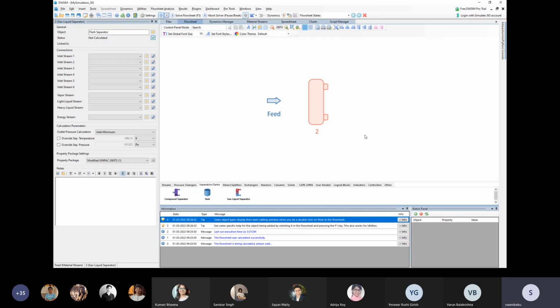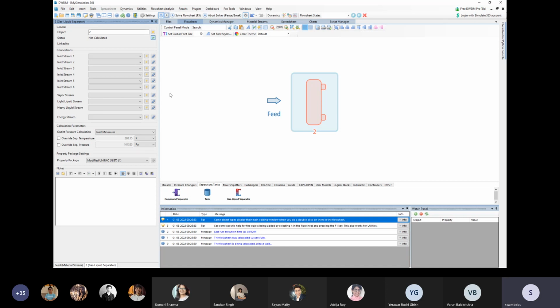This is the minimum requirement, and we need to supply some energy to this one. If I want to make it inactive, let's say in a big flow sheet I suddenly don't want to use the flash separator, I can make it inactive and make it active again just by clicking this symbol. Inactive means it doesn't participate in the calculations.